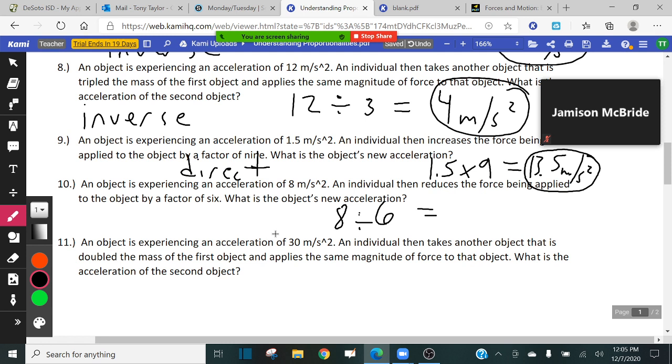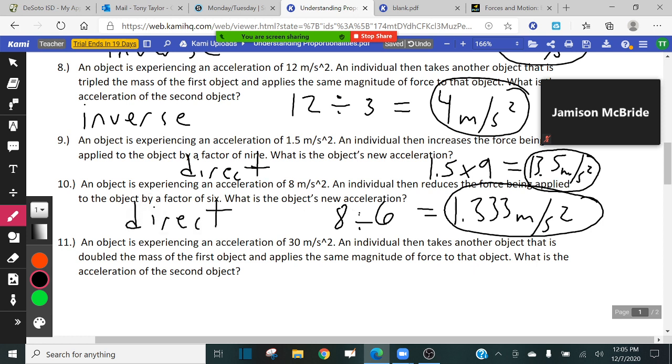This gives me 1.33 meters per second squared for my acceleration. Now, since we are dealing with the relationship between force and acceleration, here we have a direct proportionality.